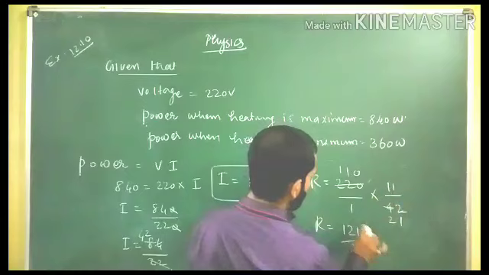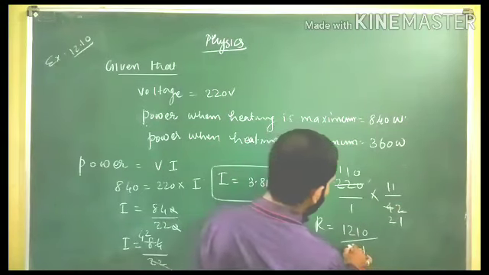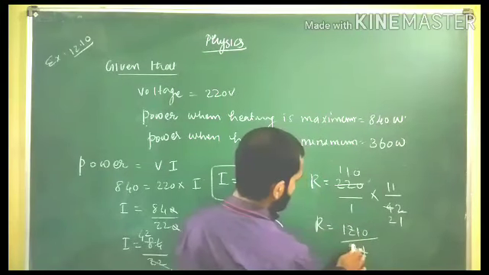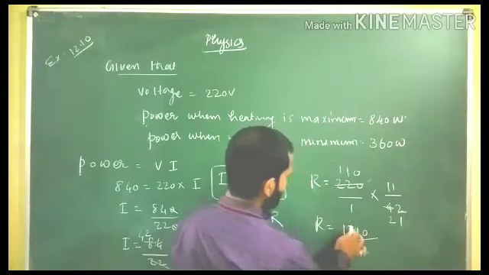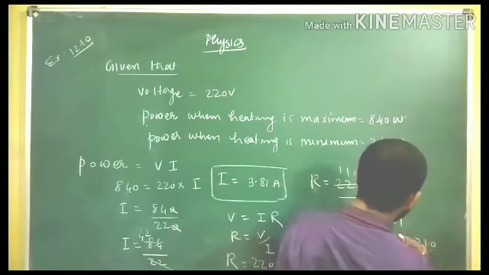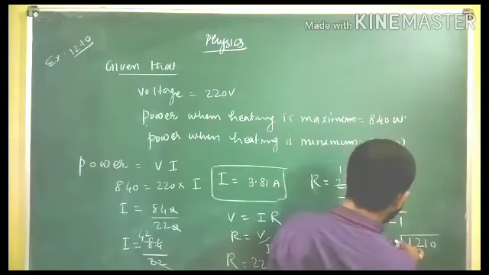These two numbers will multiply. Now here 21, and this you cannot cancel. So what we are doing is the division 1210 divided by 21.